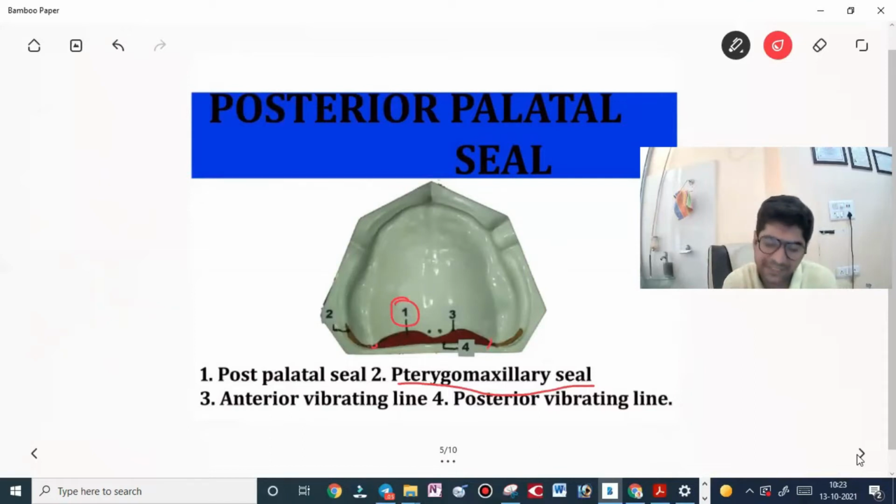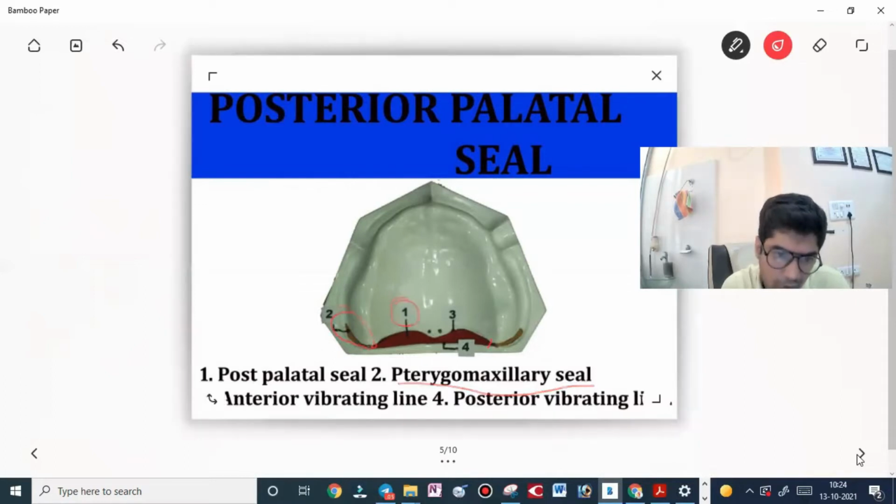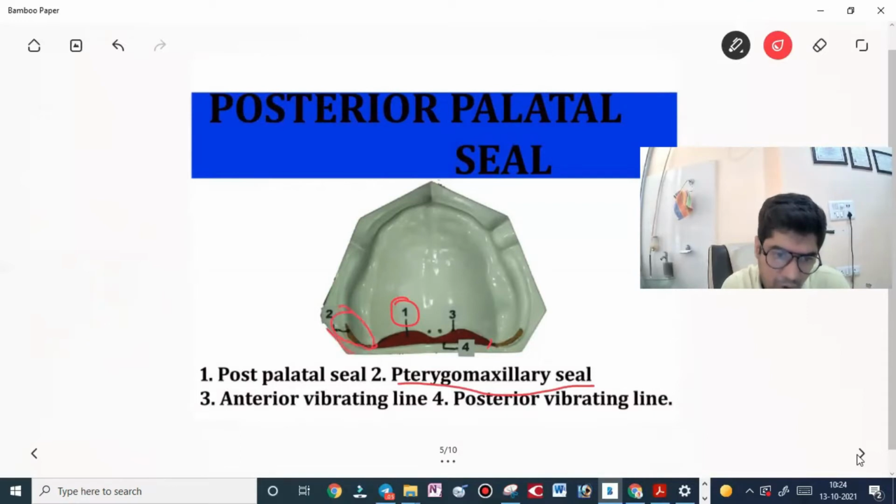Whereas the pterygomaxillary seal, so this region is the pterygomaxillary seal. It will extend through the pterygomaxillary notch and continue up to 3 to 4 mm up to the mucogingival junction. So it occupies the entire width of the pterygomaxillary seal.